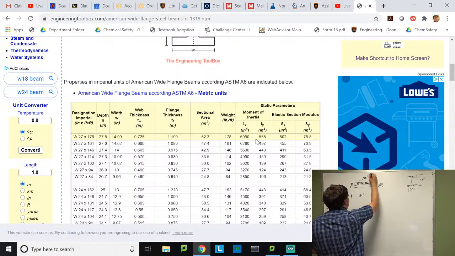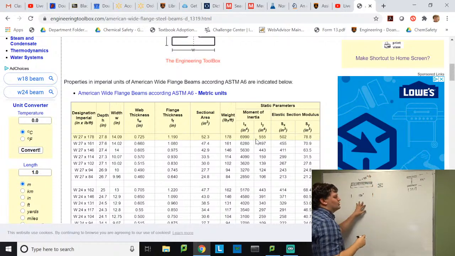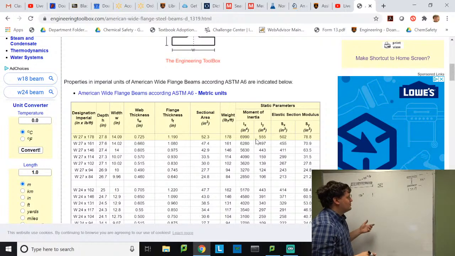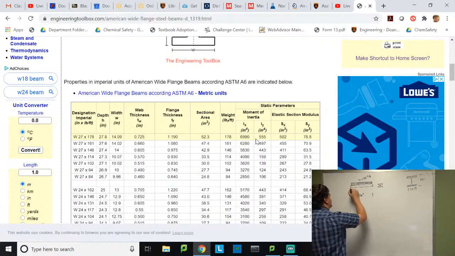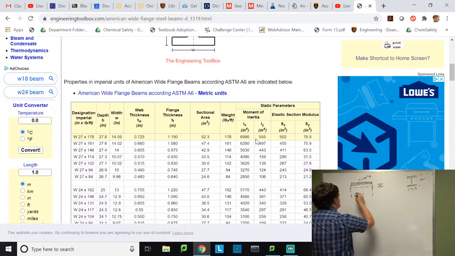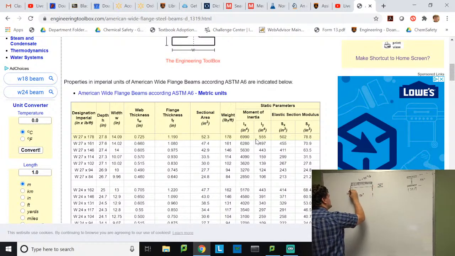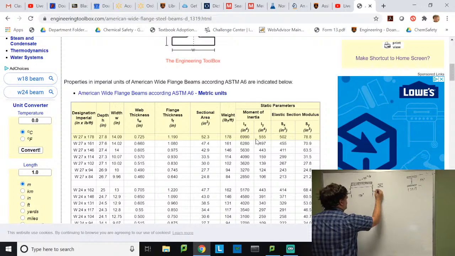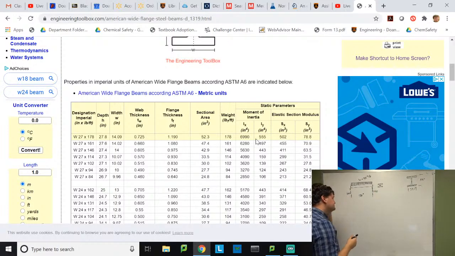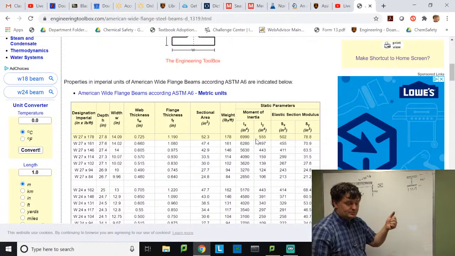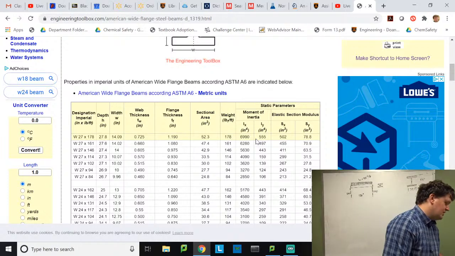So a total weight of 12,000 pounds that's being carried on this W12 by 14. Then we have our two forces up here. This is going to be 6,000 pounds. This is going to be 6,000 pounds. Awesome. That's what we need to know.